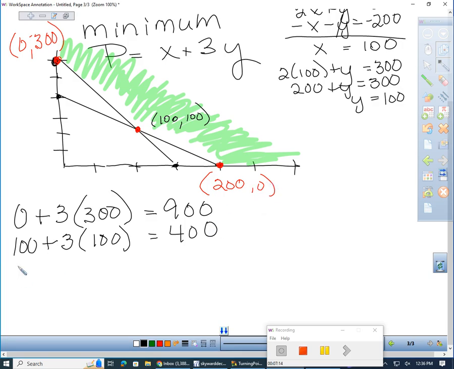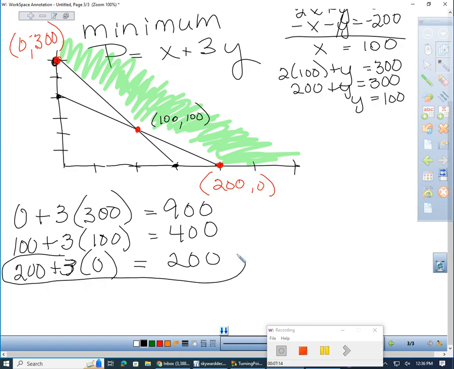And the last one is my x value plus 3 times my y value. So I get 200. So this is the minimum. I'm going to circle that. So I'm going to say I have a min at the point 200, 0.